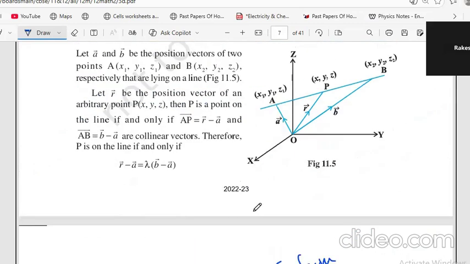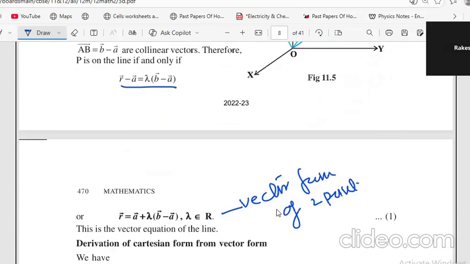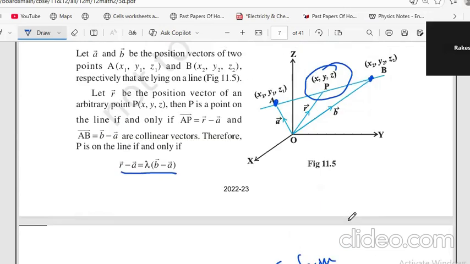And these are the two if 2 points are given, x1, y1 and x2, y2, and for a general point, this is the equation, and this is the vector equation. Now how do you interpret this?